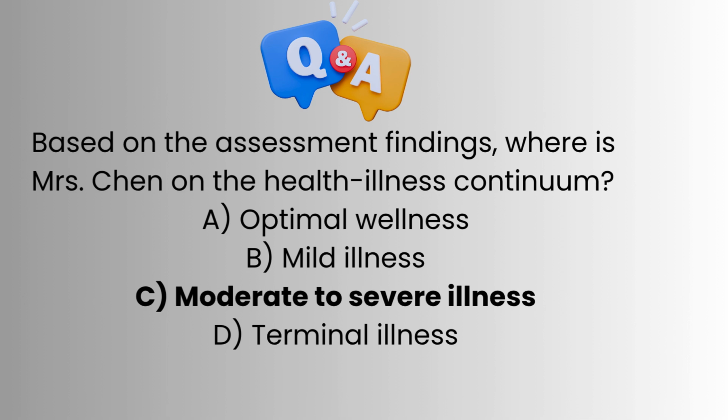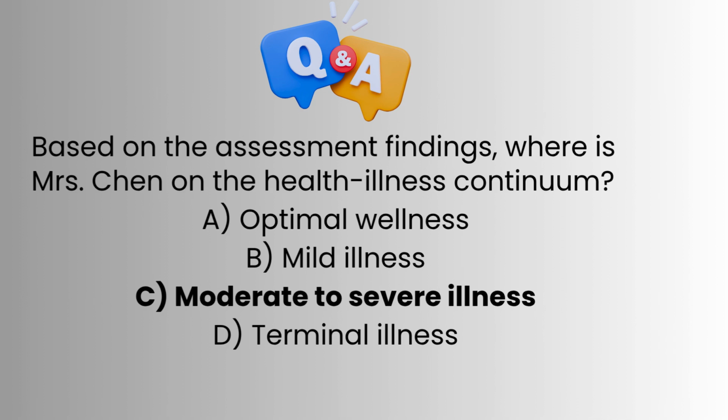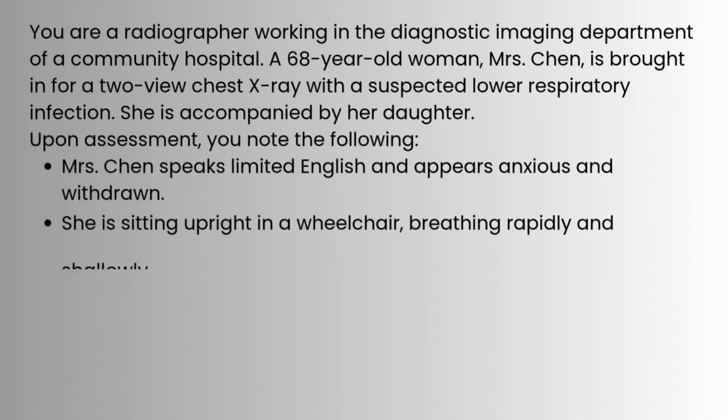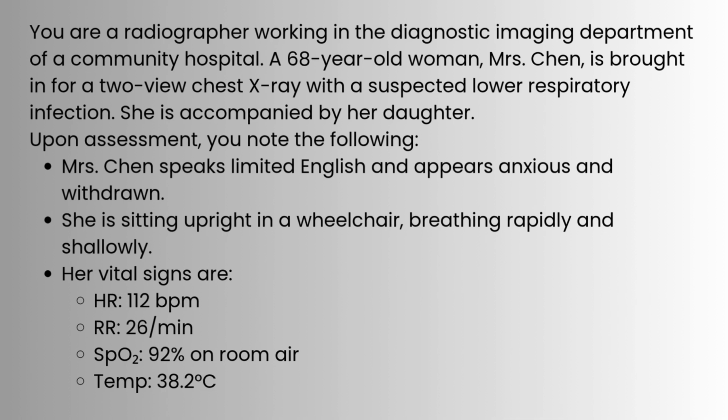So our answer is moderate to severe illness, because looking at the information we gathered, our vitals, our temperature, our BP, and all of that, you can see where it holds. She is febrile, tachycardic, hypoxic, confused, and weak.